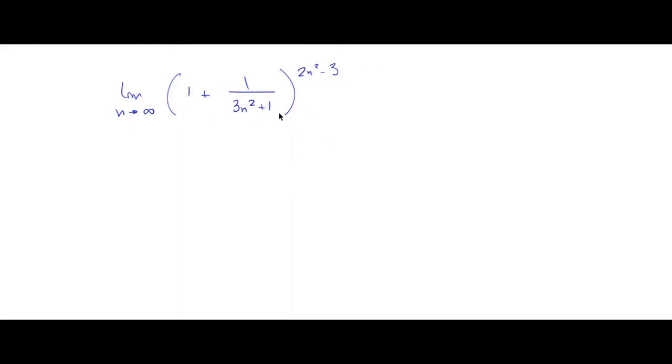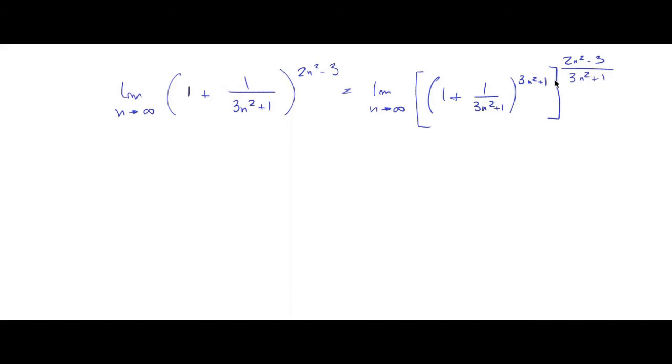We can rewrite this as the limit of (1 + 1/(3n squared plus 1)) to the 3n squared plus 1, and we know this is going to go to e. But in order to have the same result, we're just multiplying and dividing by 3n squared plus 1 in the exponent, so we can do this.